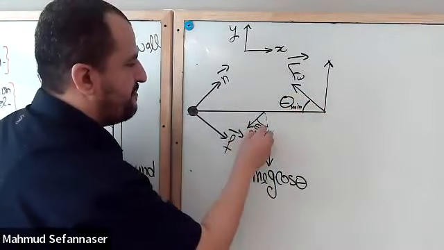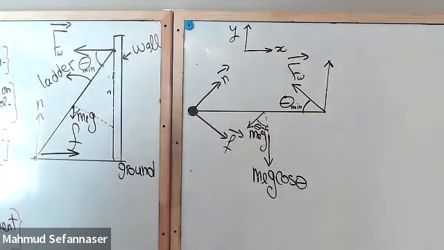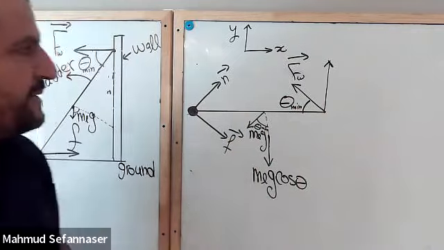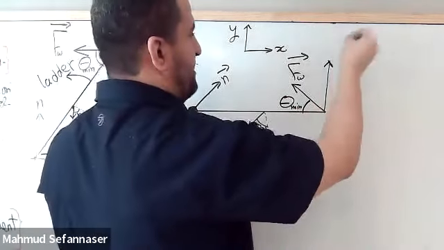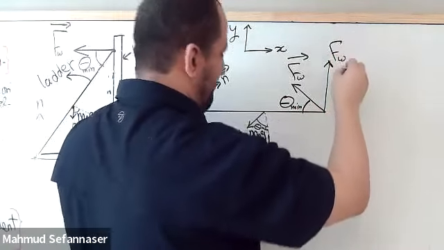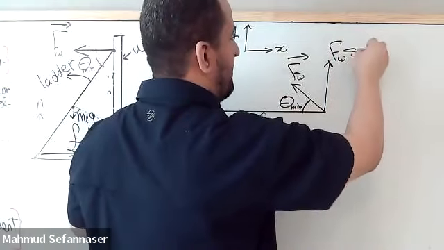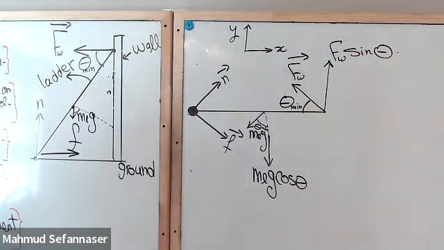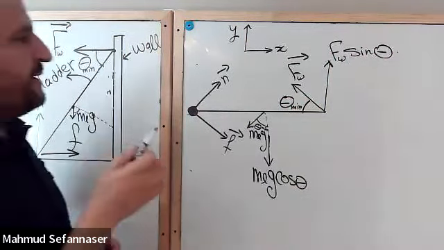And this is theta minimum also right here. So we have m ladder g cosine theta, and here, of course, we will have F wall sine theta. Yeah, that's very nice, guys.